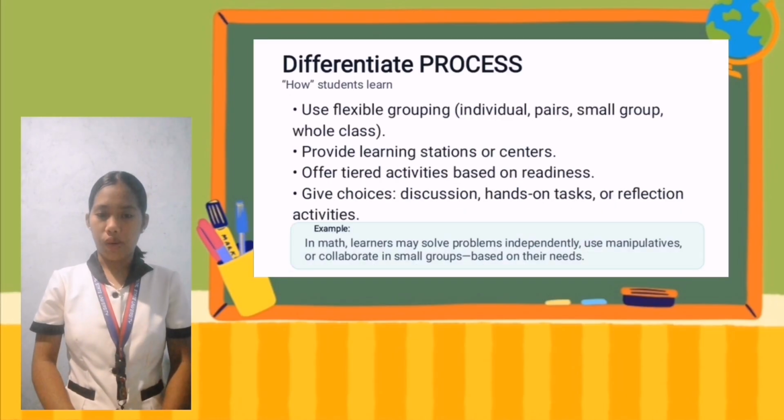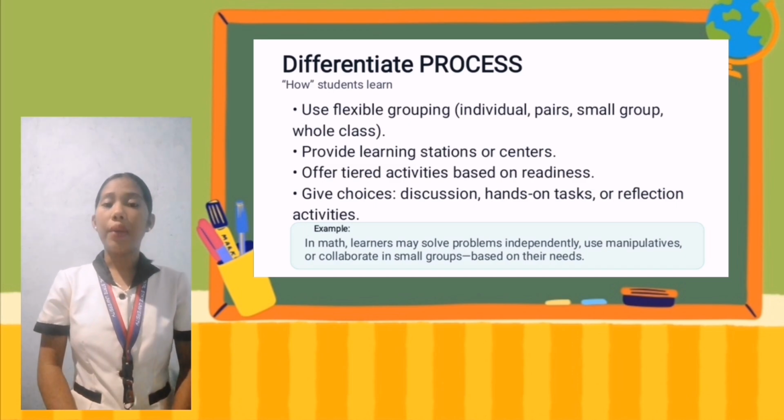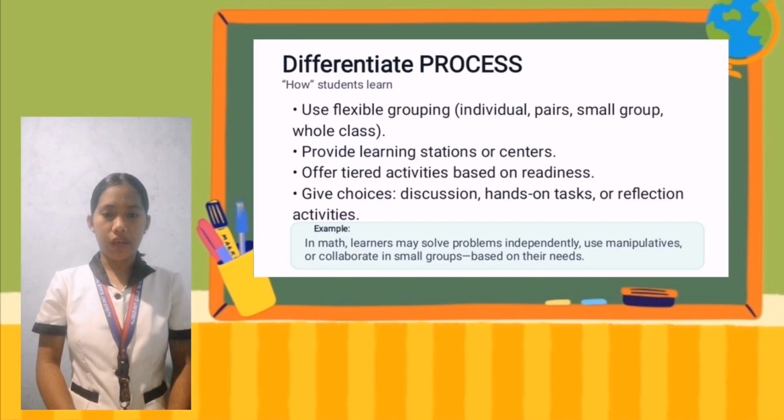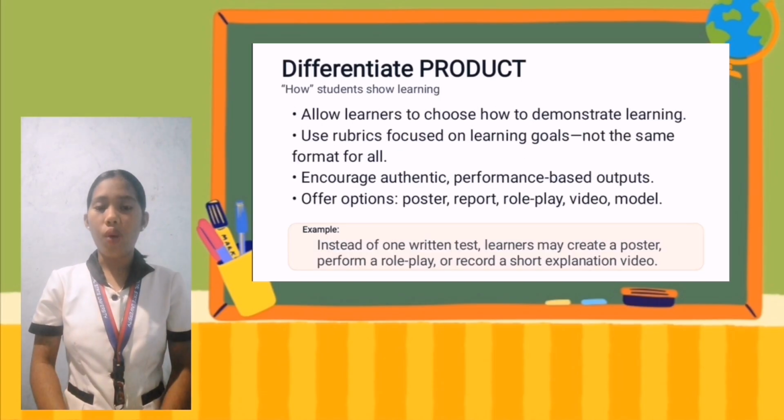Second one is process. Process is how students learn and engage with the content. For example, in math, learners may solve problems independently, use manipulatives, or collaborate in small groups based on their needs. The last one is product.